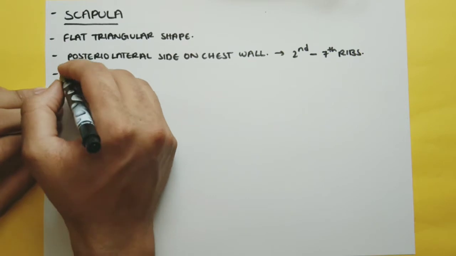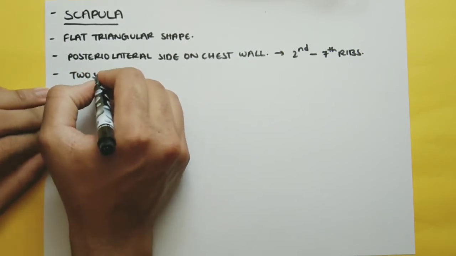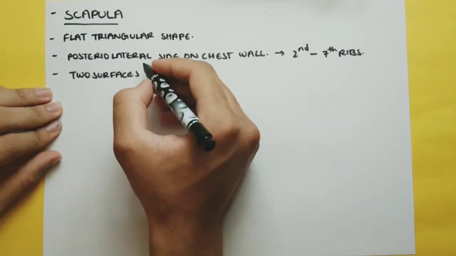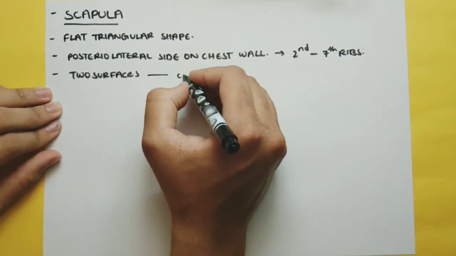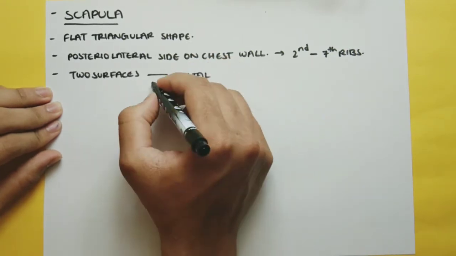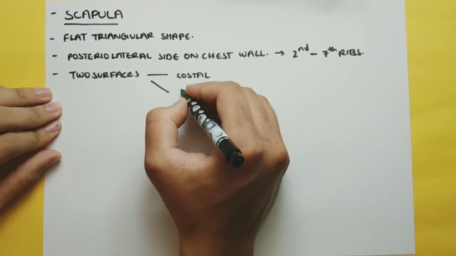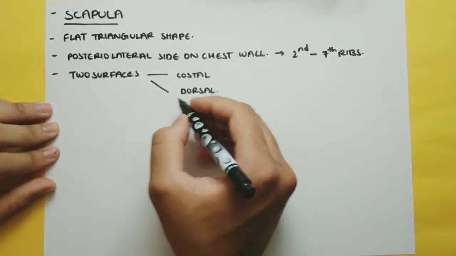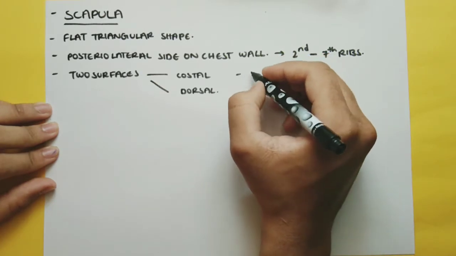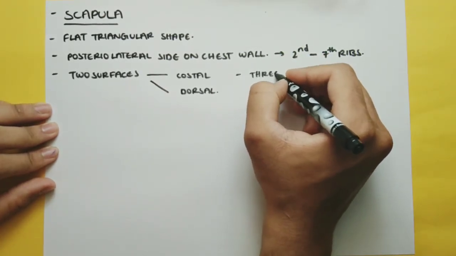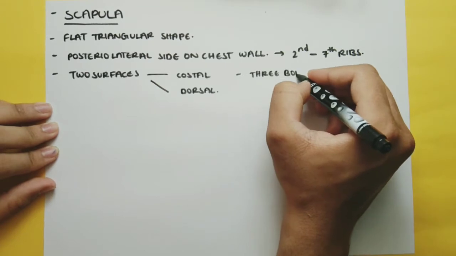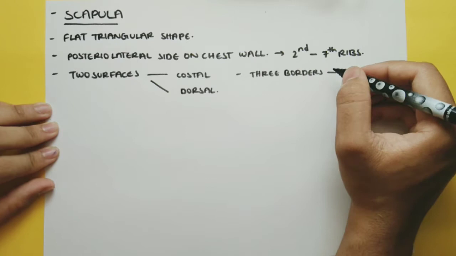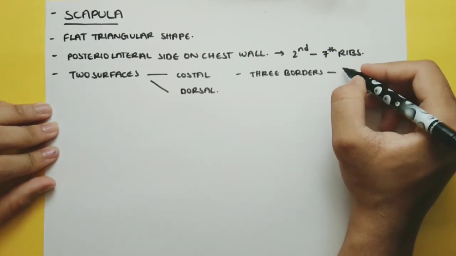The scapula has two surfaces. Those are costal and dorsal surfaces. And it has three borders. Those are superior, lateral and medial borders.